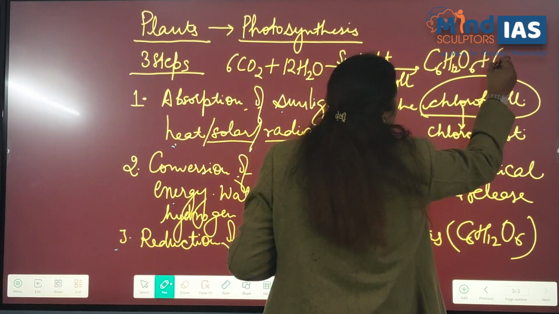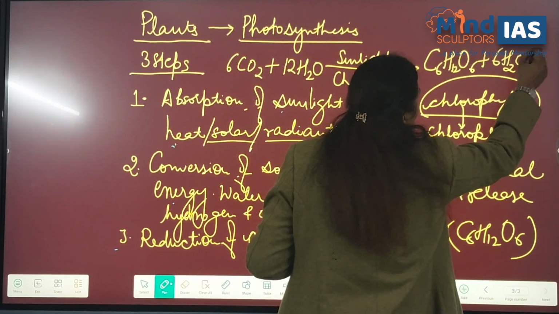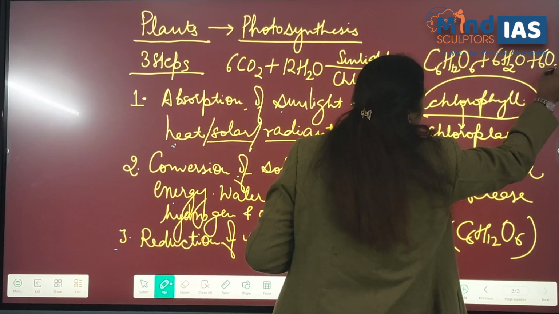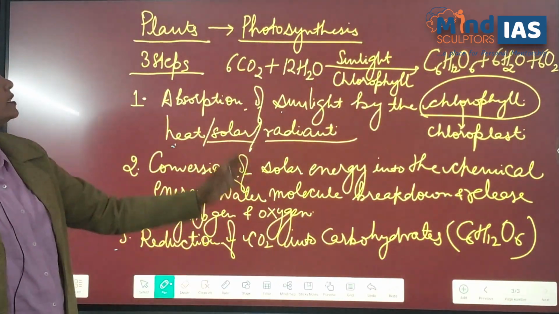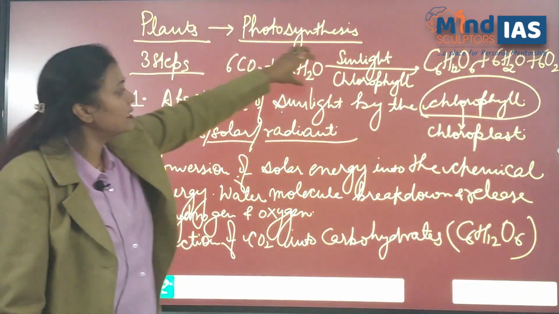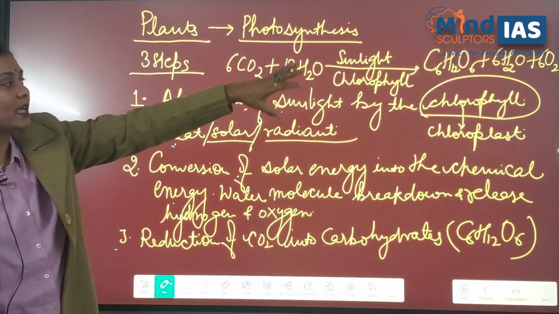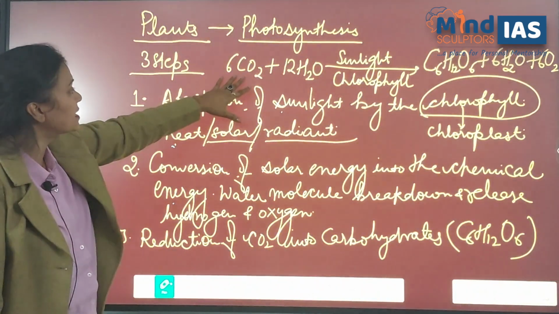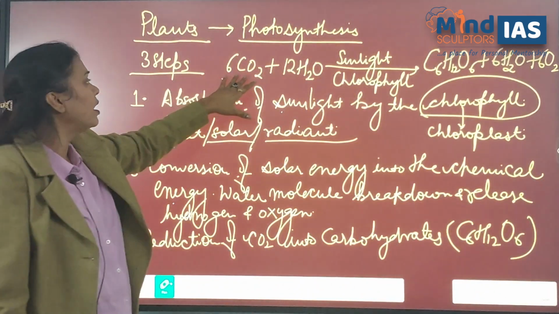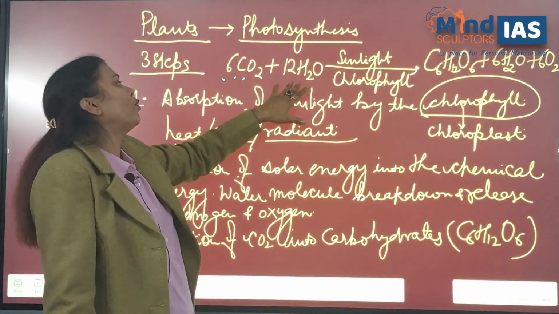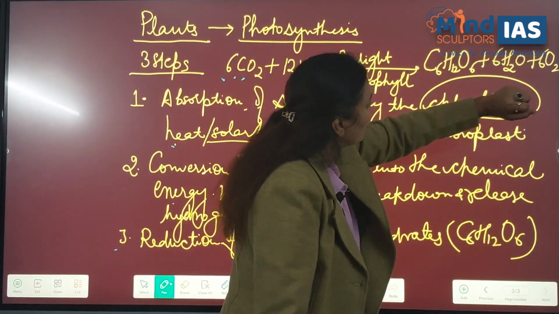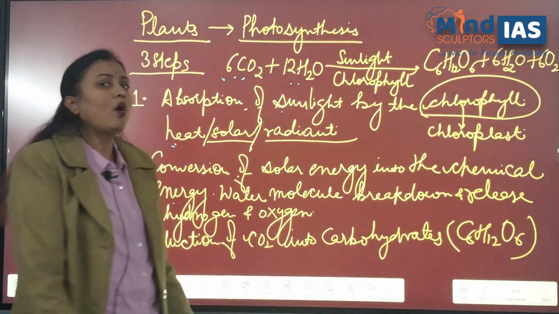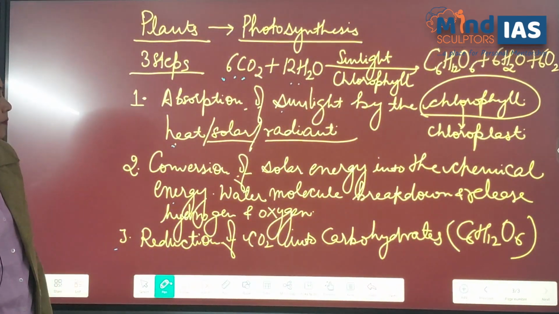C6H12O6 plus 6 molecules of water plus 6 molecules of oxygen. So the entire photosynthesis reaction is summarized in a simple equation. This equation shows that 6 carbon dioxide molecules combined with 12 water molecules will produce a molecule of glucose, 6 water molecules and 6 oxygen molecules.